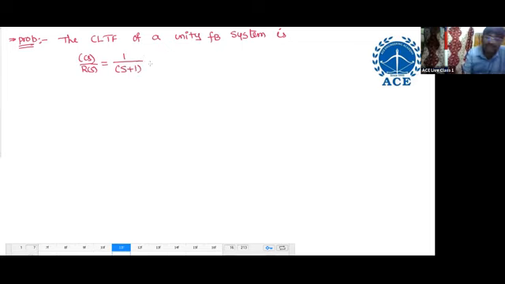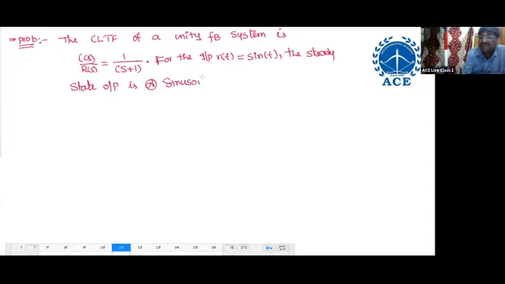For the input R of t equal to sin t, the steady state output is... the sinusoidal response is... Come on, get the answer.